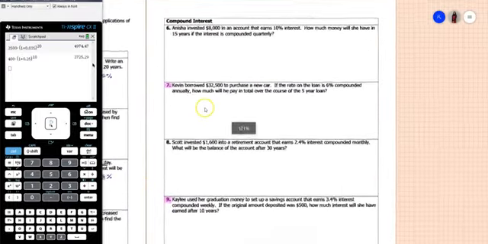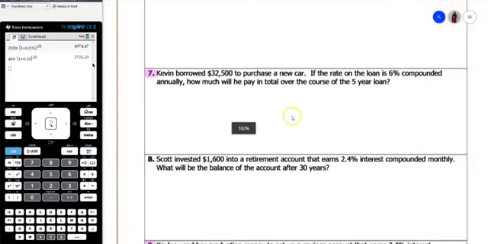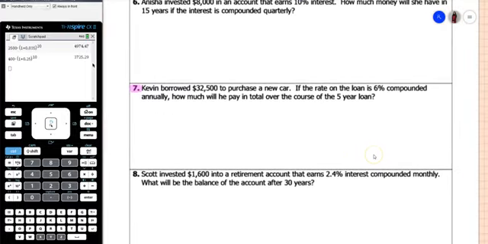Now we've got 2 compound interest problems that we're going to be looking at. So Kevin borrowed $32,500 to purchase a new car. If the rate on the loan is 6% compounded annually, how much will he pay in total over the course of the 5-year loan?